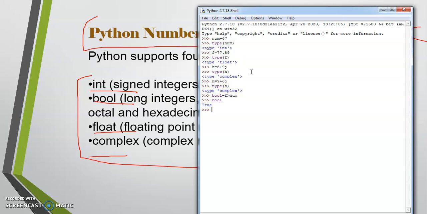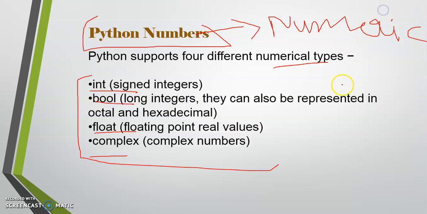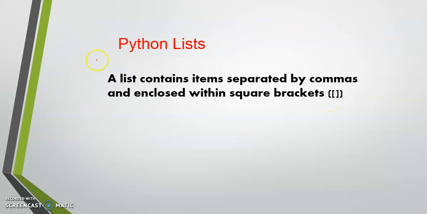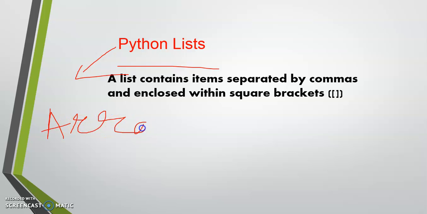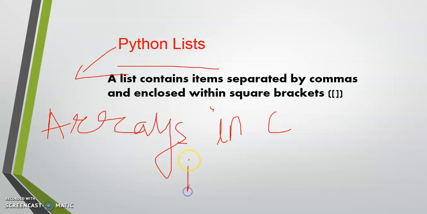Now the next data type which we would discuss is Python lists. Basically this Python list is similar to the arrays in C. See what happens in the arrays.